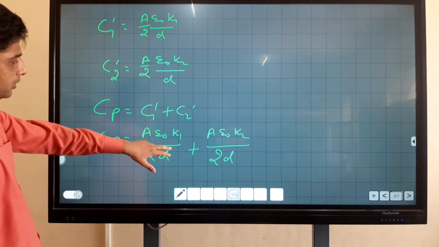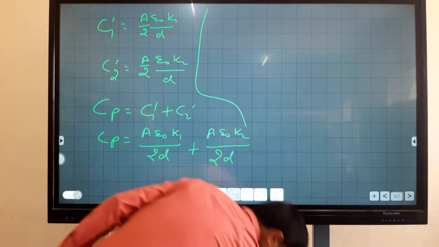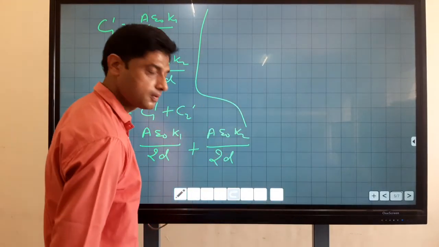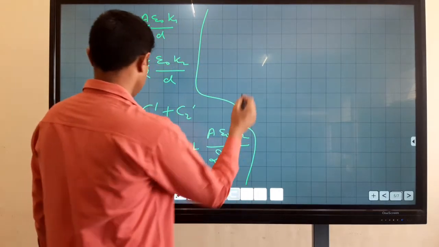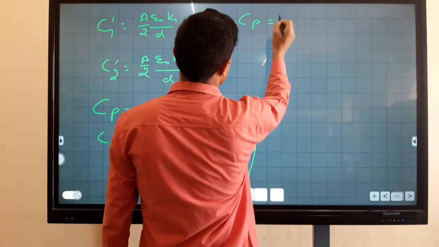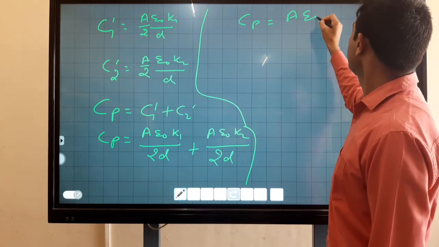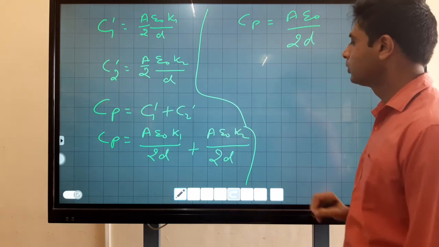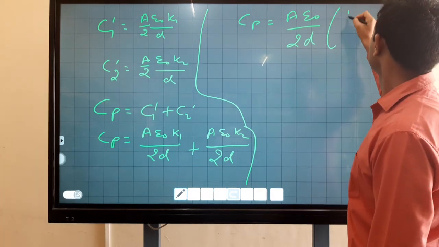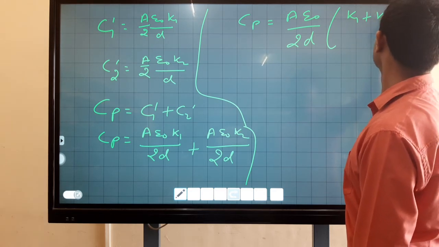A epsilon naught upon 2D is common, so CP equals A epsilon naught upon 2D times (K1 plus K2).